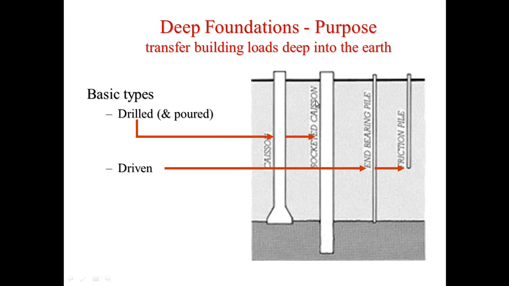The difference between them: caissons are always drilled and filled, whereas piles are always driven. Could be steel, could be wood, could be precast pre-tension concrete. These are just driven into the ground, either down to the bearing area at the bottom, which might be bedrock, or a friction pile, where they drive them down enough until there's enough friction on the sides to support the building and not having to go all the way down to bedrock.